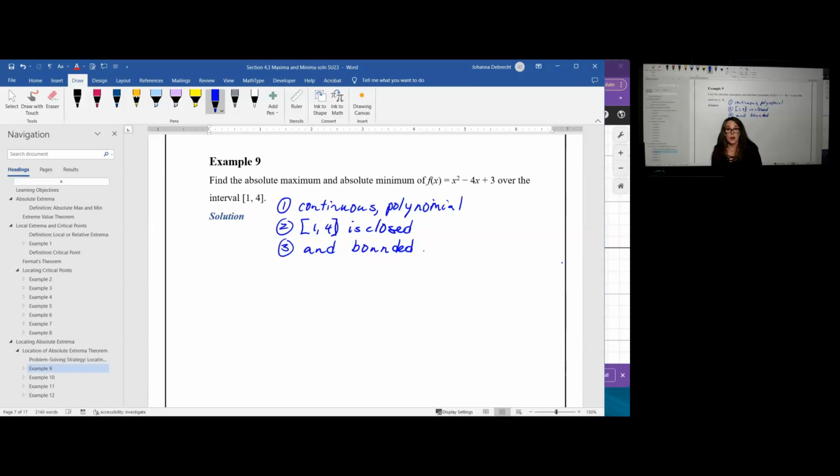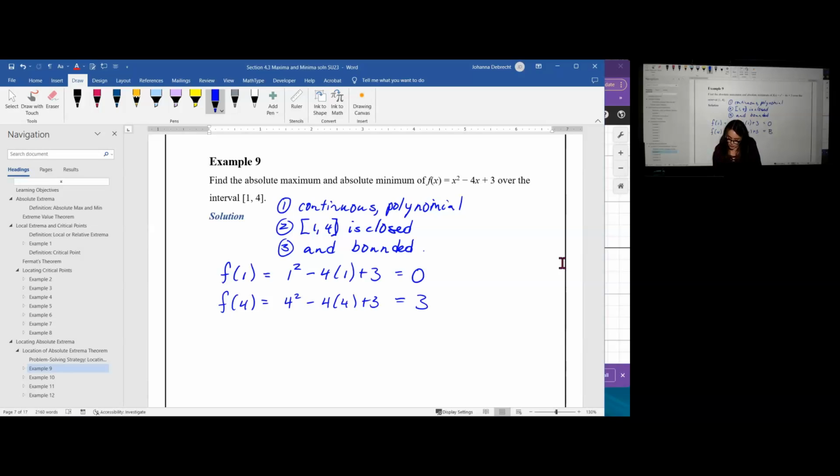So we apply our problem-solving steps and we evaluate f of 1 and f of 4. f of 1 gives me the value of 0. Okay. And f of 4 gives me the value of 3. I'm not done because I have to locate critical points.